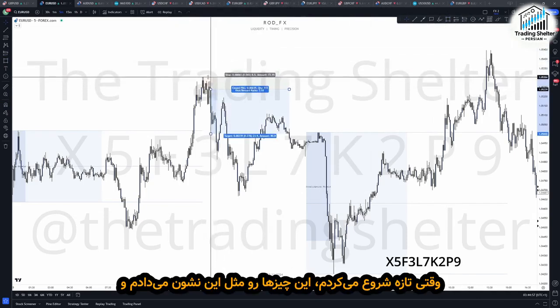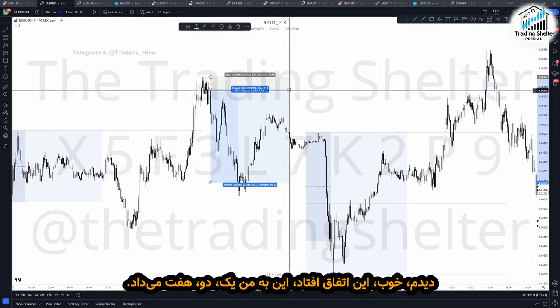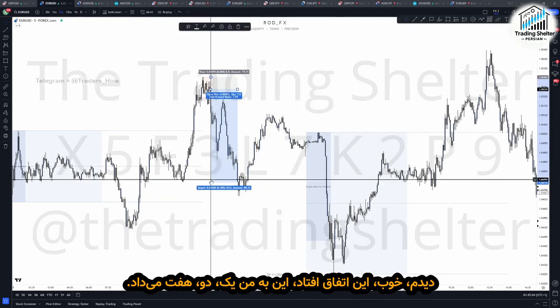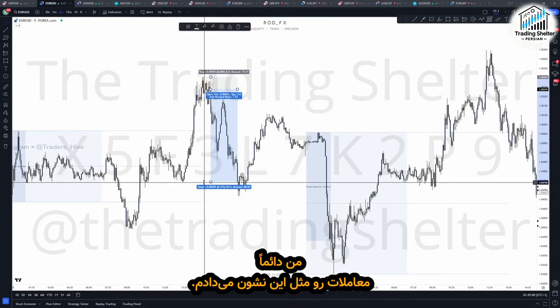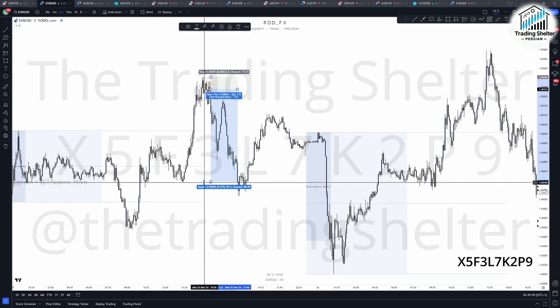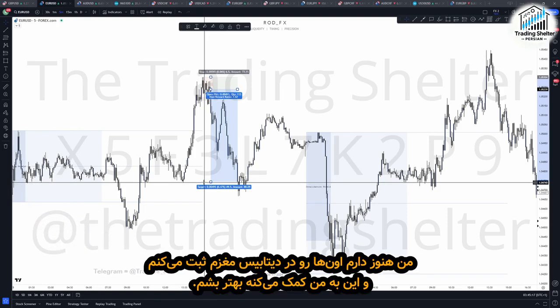When I was a beginner, I used to mark up these things like this and see, okay, this played out. This would have given me a 1 to 7. I was constantly marking up trades like this. That way, I was still recording them into my brain database, and it was helping me become better.